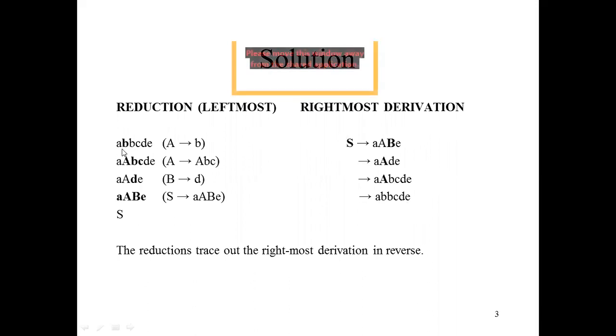And if you first write directly the given string and just replace, playing the game of replacing things, reducing that, then this is called the reduction leftmost. You have already seen this. In both ways you can attempt the problem and you will get the same answer.